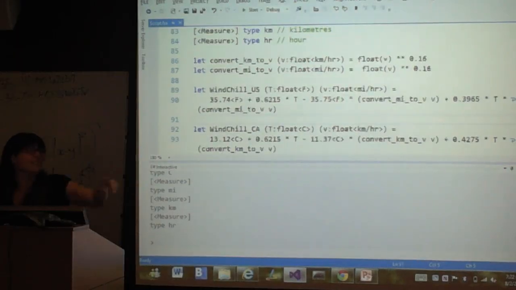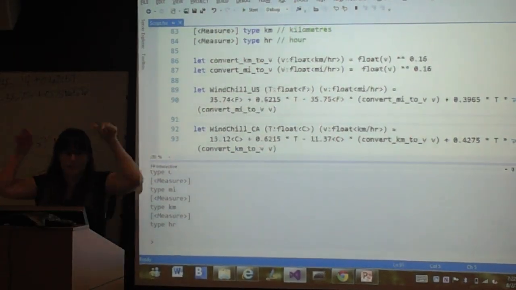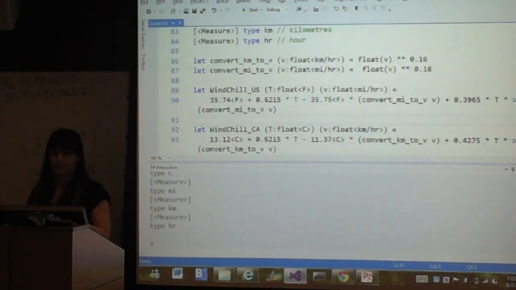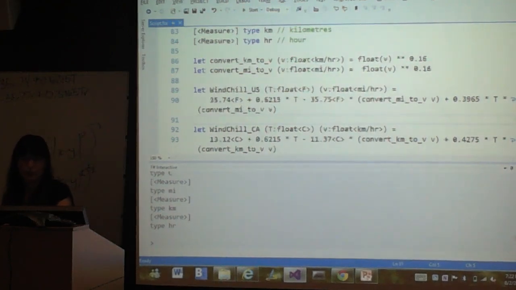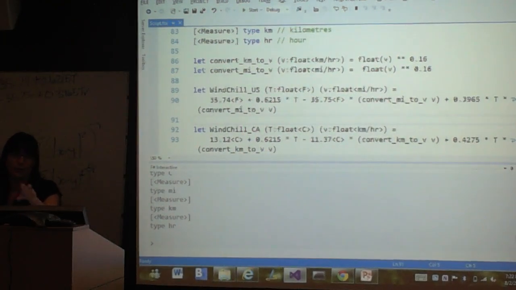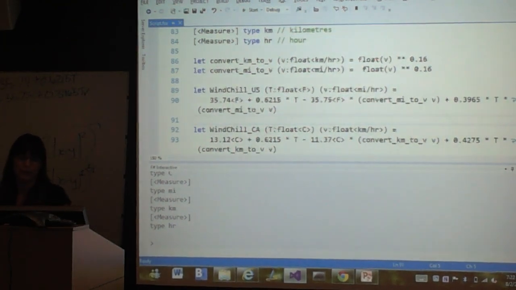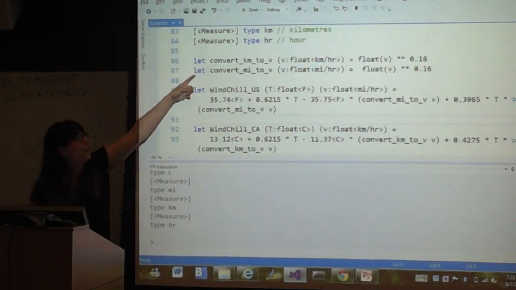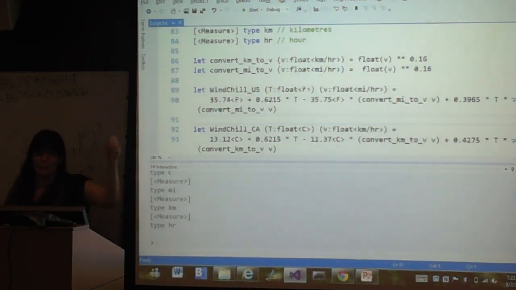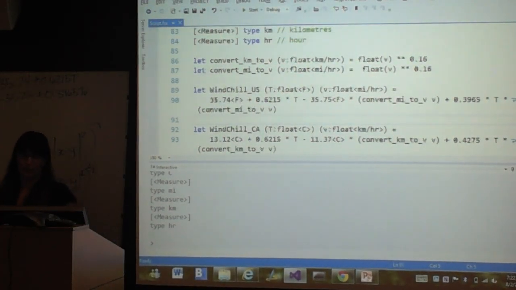That's how you cast float, comma B or parentheses B. So I just cast it to a float and then take that float to the power of 0.16. So basically, what this is doing is removing the units of measure from there. So I'm kind of cheating a little bit.